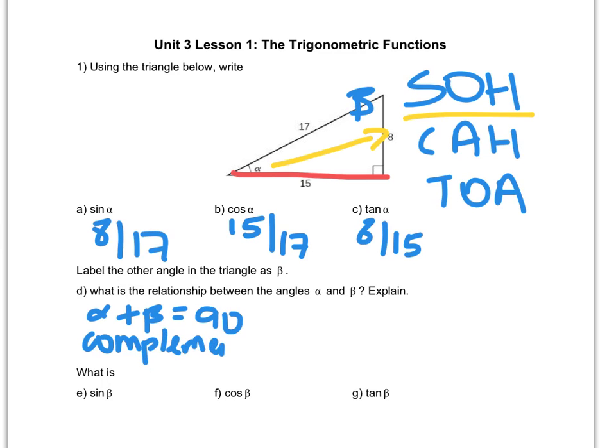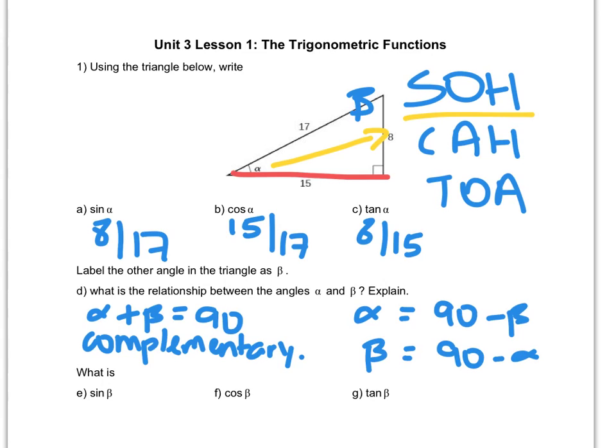All right? So you need to note this down. What you'll often see, when angles are complementary to each other, is that alpha is equal to 90 minus beta, and beta is equal to 90 minus alpha.